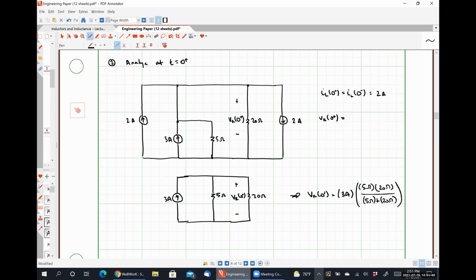So that's 3 times 100 over 25, so 3 times 4 is 12 volts. Is everyone okay with that analysis? We can absolutely do the current source method, but we'll find that we get the exact same answer, just in 2 steps.